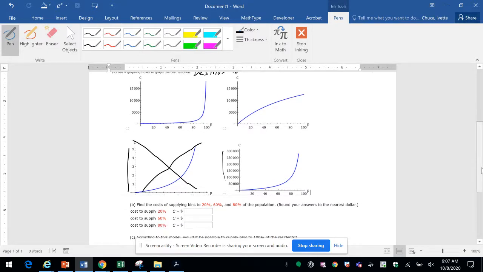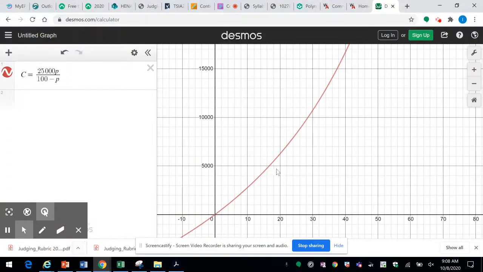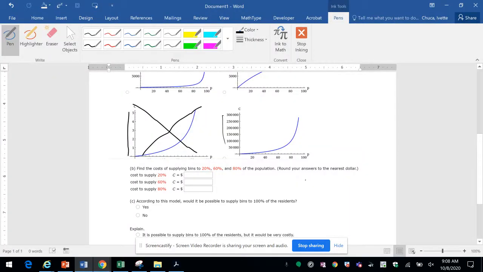So to help us make that decision, what you can do is you can zoom into the graph a little bit more, or something that I would encourage you to do is actually figure out some points on the graph, and we can do that with letter B. So the function is c of p is equal to 25,000p divided by 100 minus p.